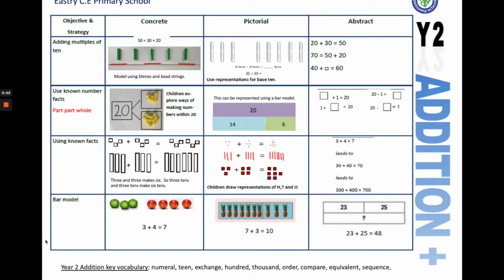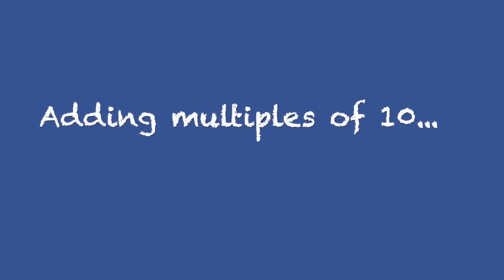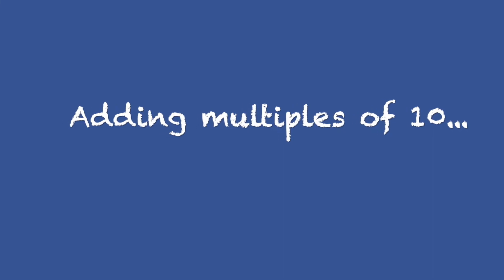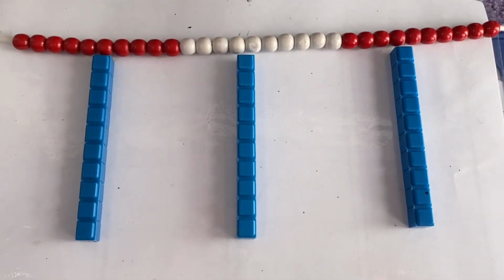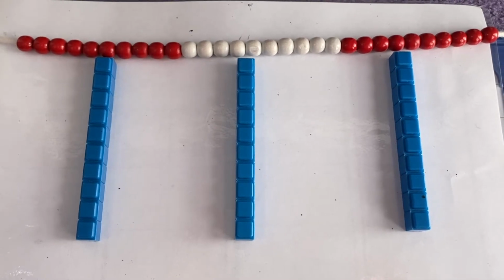In this video, we will be showing you a practical guide on how to support your child in Year 2 with addition following the Maths calculation policy. In Year 2, children will begin adding multiples, meaning lots of 10.